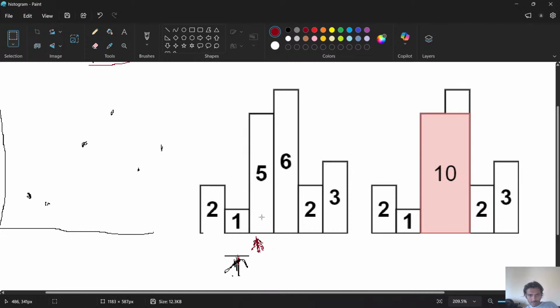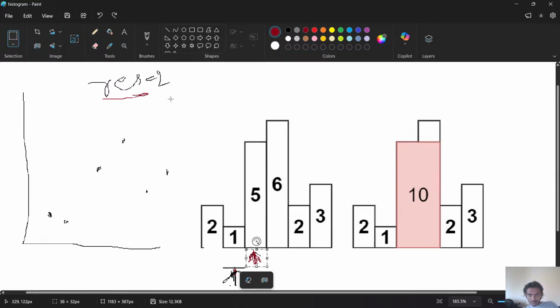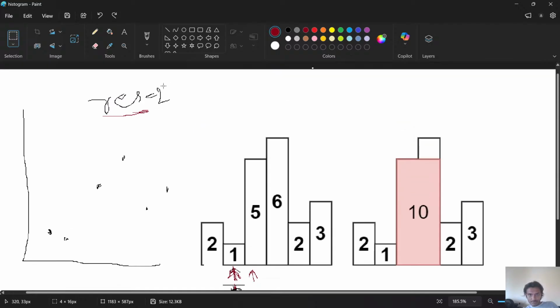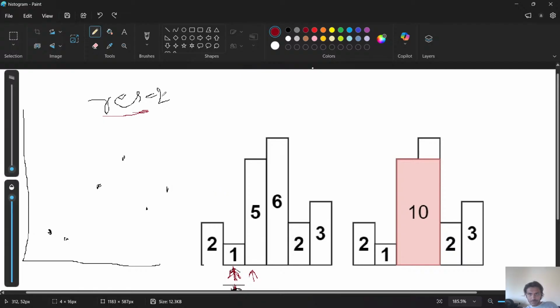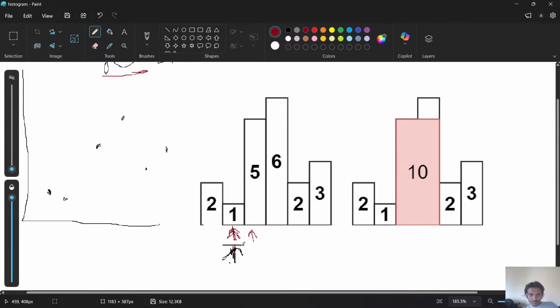We see if the right itself is bigger than the result, so change the result to 5. The result is 5. And again we calculate this, that will be 112.